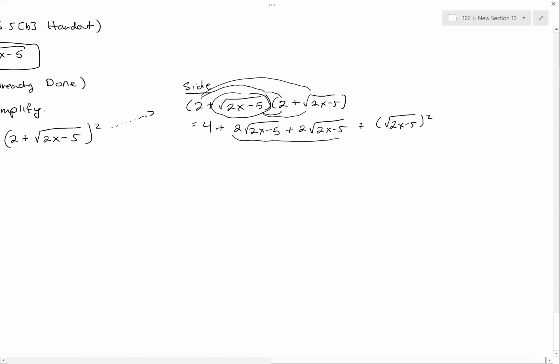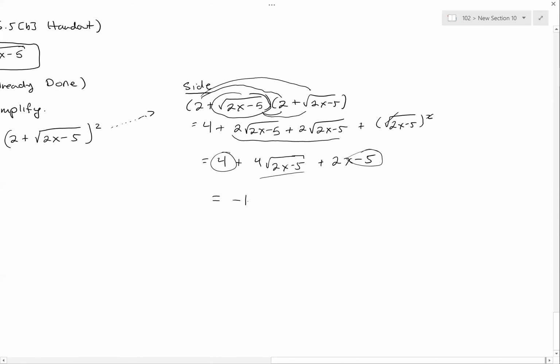My two middle terms I can combine. They are like radical expressions. So I can combine them into a 4 square roots of 2x minus 5. And then that last term, when you're squaring the square root, you'll be left with just what's underneath. We can see there's a couple more terms we can combine. We can combine that -5 and that 4.